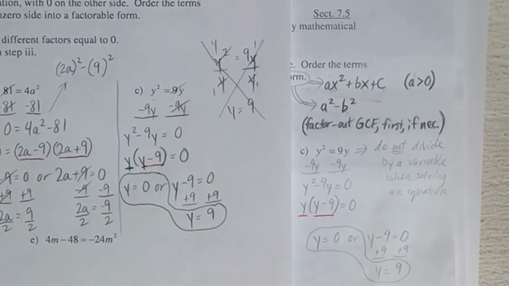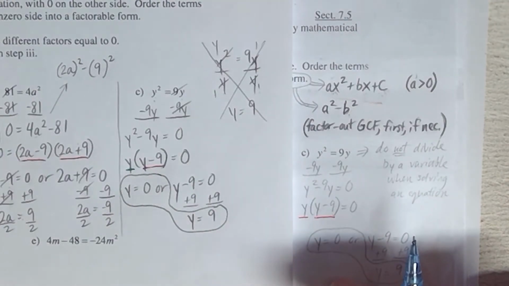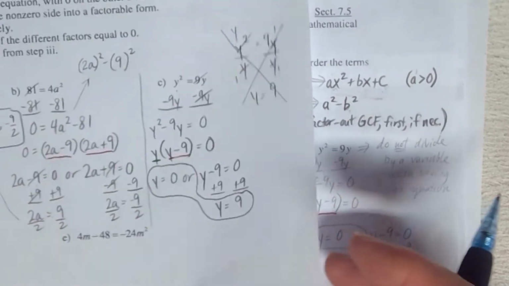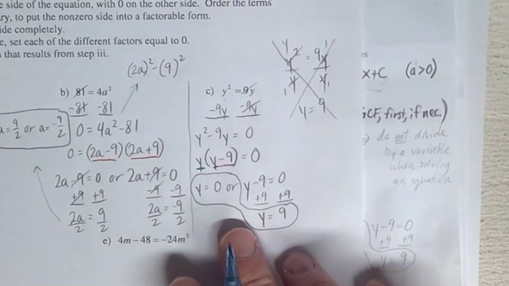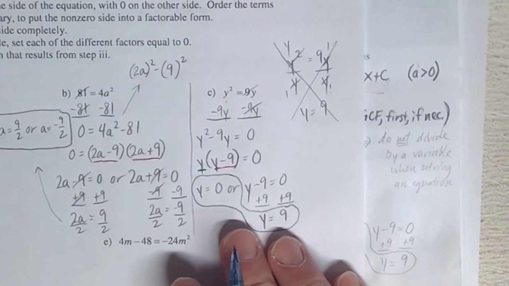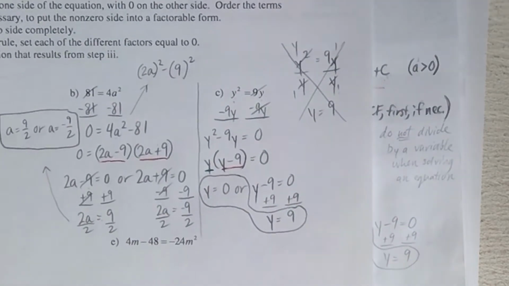You can divide by something like 2, because that doesn't have a variable in it. So I wanted to make sure that you made a note of that as well, because again, it could lead to an answer where one of the numbers is missing. We don't want that.